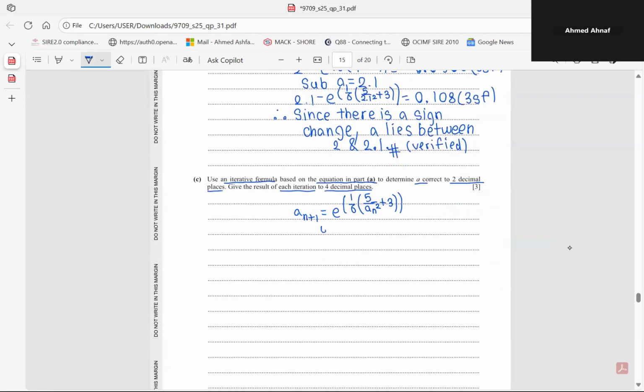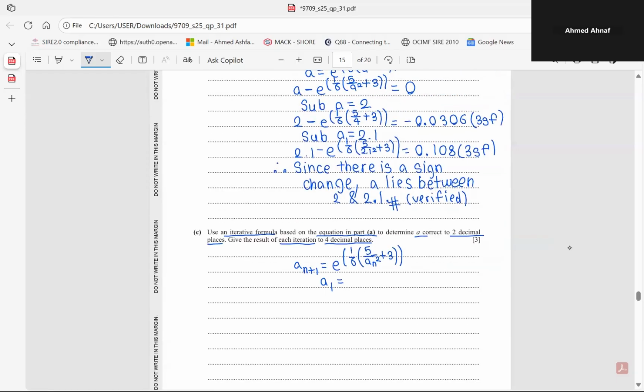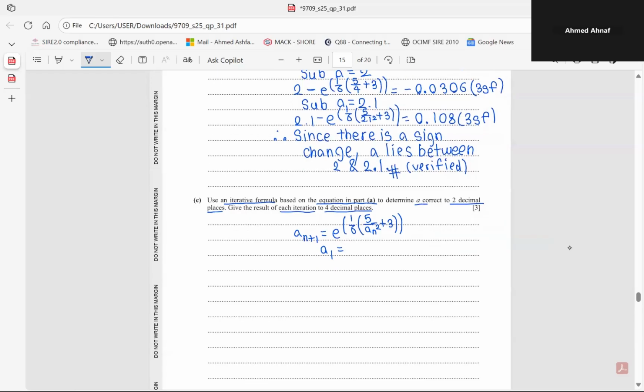For the first value, we're going to choose a value between 2 and 2.1. So I chose 2.05. Now we set this as our starting value and type it into the iterative formula on your calculator.